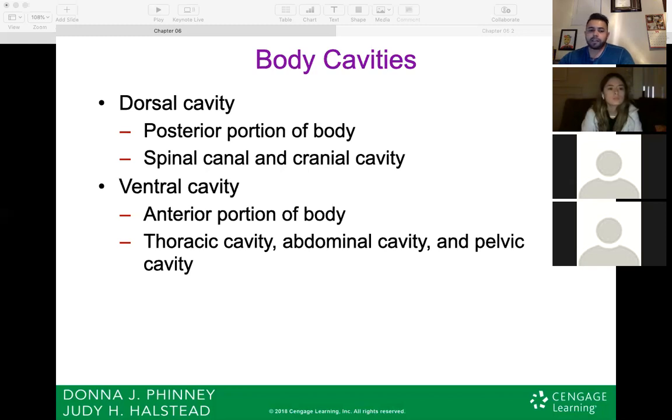The thoracic cavity is referred to as the chest cavity and holds the lungs and the heart. The abdominal cavity is the upper section, which is the digestive tract and the supporting organs, and the lower section is called the pelvic cavity. The pelvic cavity contains the urinary bladder, the rectum, and reproductive organs.